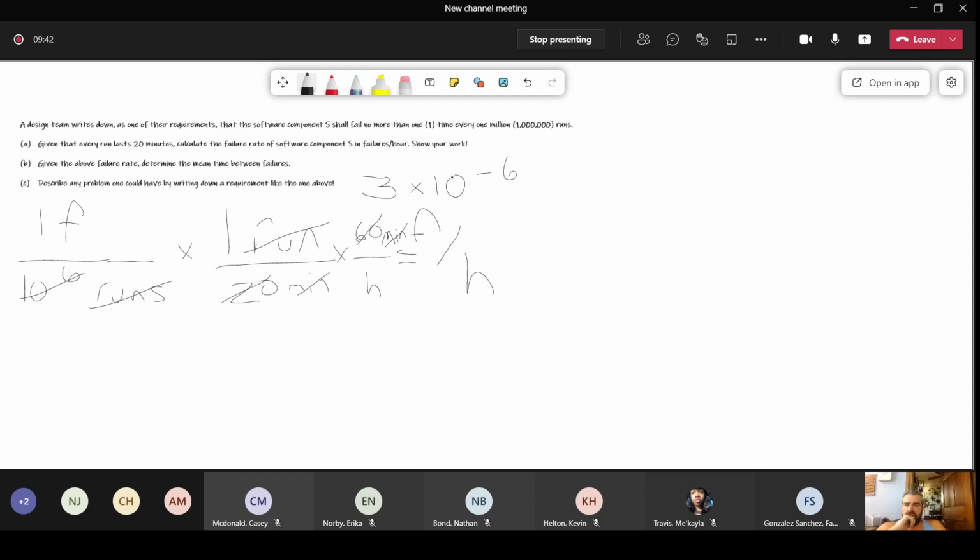Okay, so if we know that the previous answer was 3 times 10 to the negative 6th failures per hour, then given the above failure rate, determine the mean time between failures. So if we have 3 times 10 to the negative 6th failures per hour, 1 over 3 times 10 to the negative 6th is the number of hours per failure.